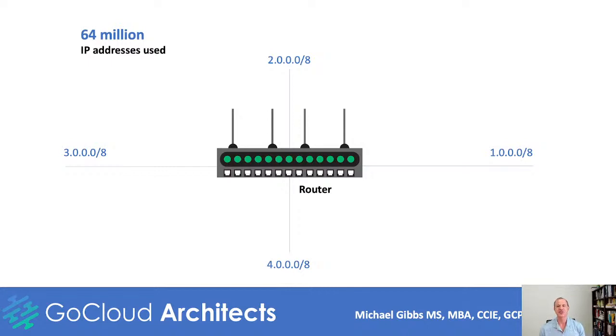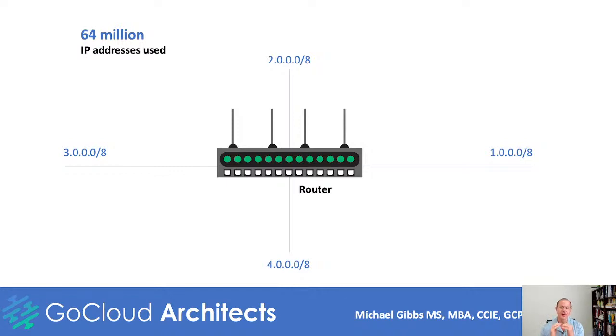Look at these addresses that are used here. If we were using a classful network without subnetting, and we're going to talk about what that means, let's say we have 1.0.0.0/8, 2.0.0.0/8, 3.0.0.0/8, and 4.0.0.0/8. What's going on here? Well, each interface needs to be on a separate subnet.